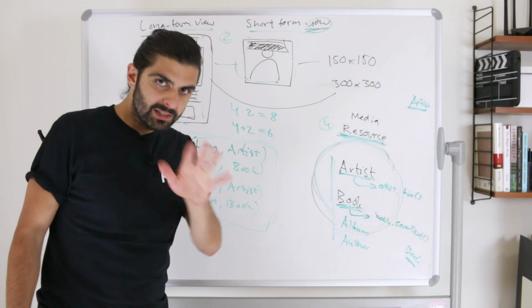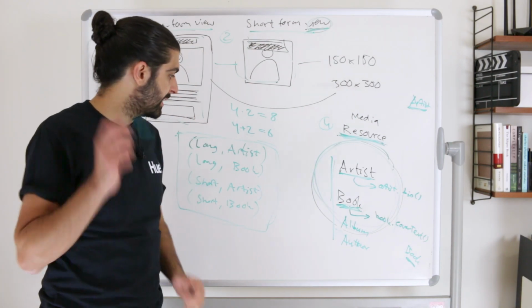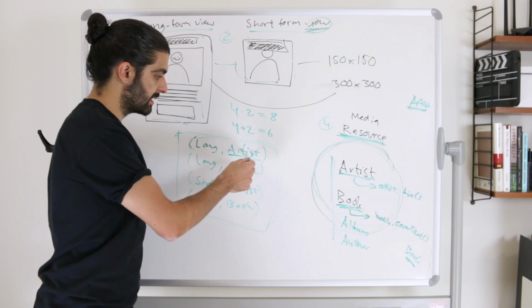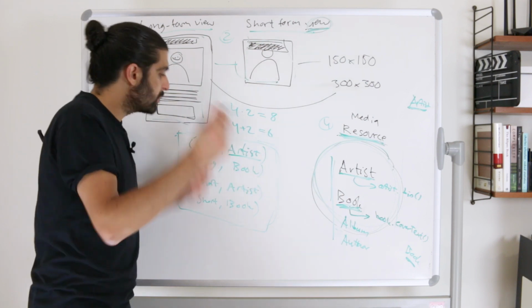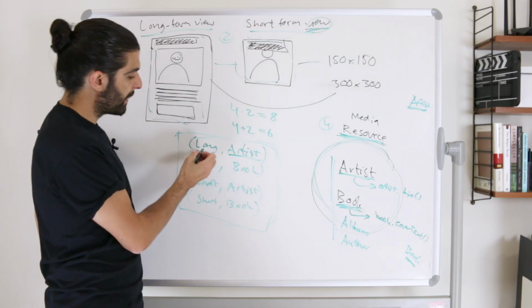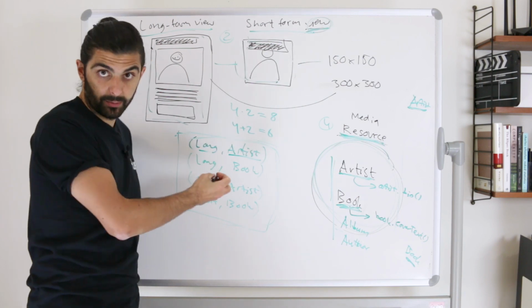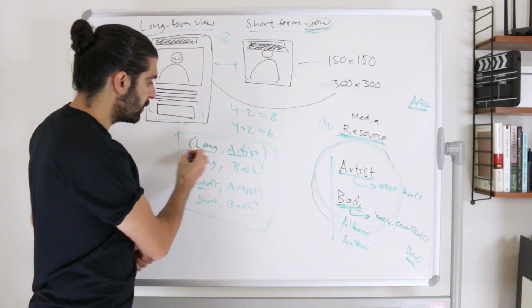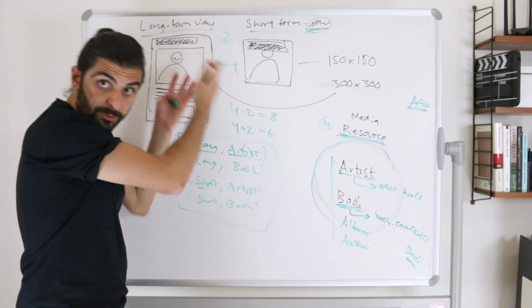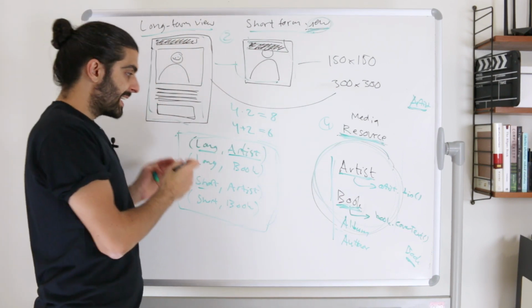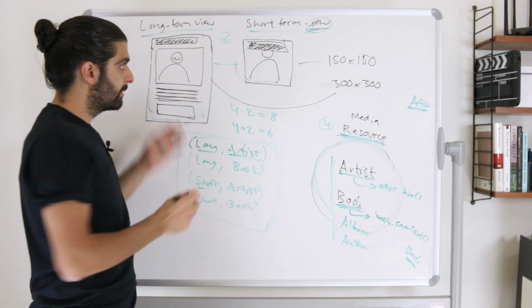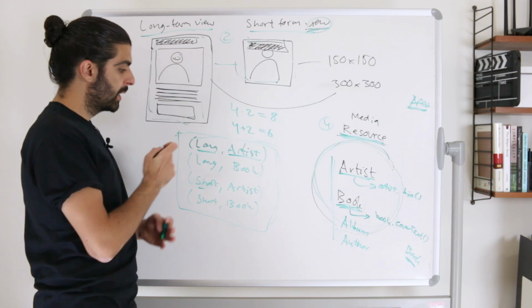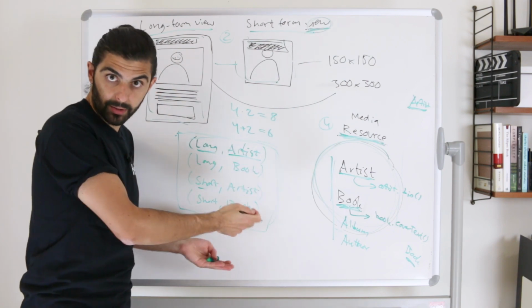Of course, this all assumes that there is something in artist that is specifiable without knowing whether the artist will be combined with a long or a short form view. Conversely, it also requires that for the views, the long form view, there's something that is specifiable without knowing whether it will be combined with an artist or a book.